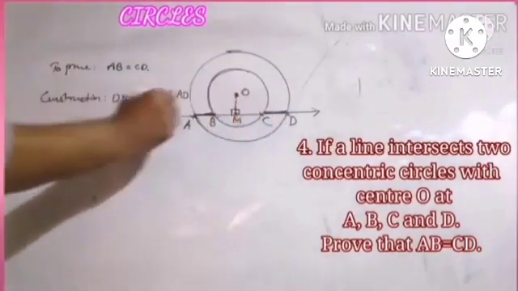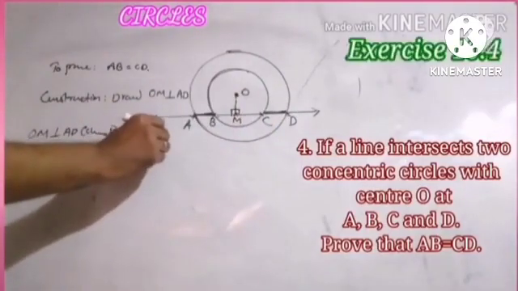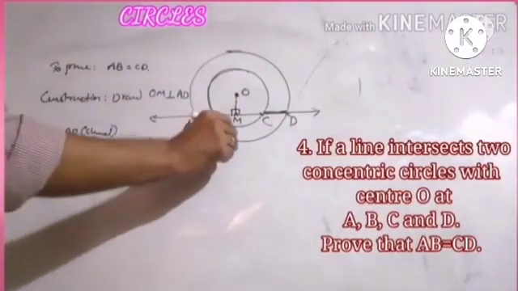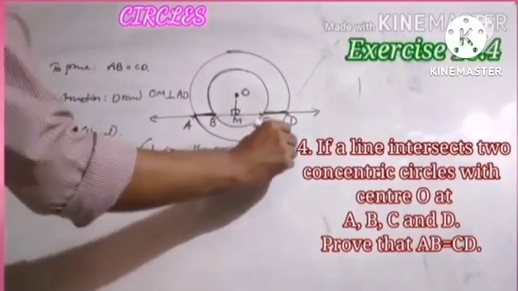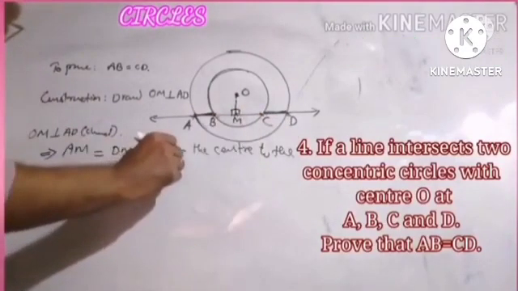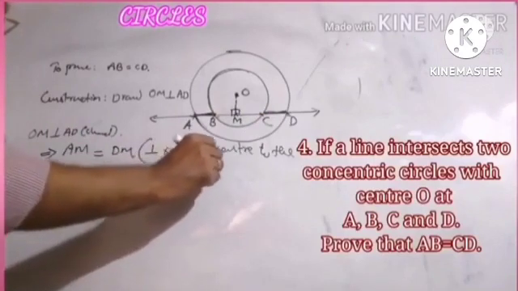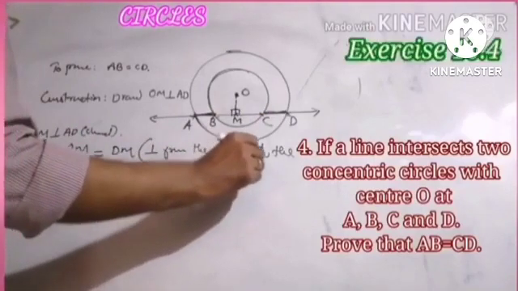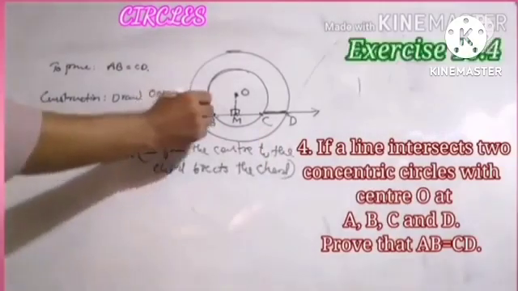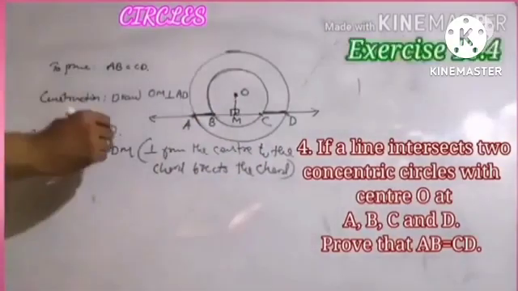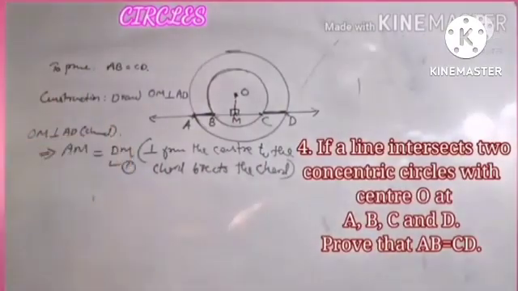AM and DM are equal. Reason: a perpendicular from the center of a circle to the chord bisects the chord. So that is why AM equal to DM. That will be equation number 1.